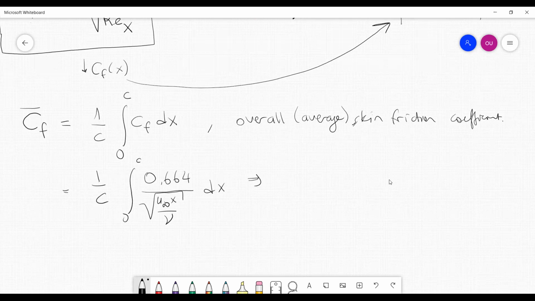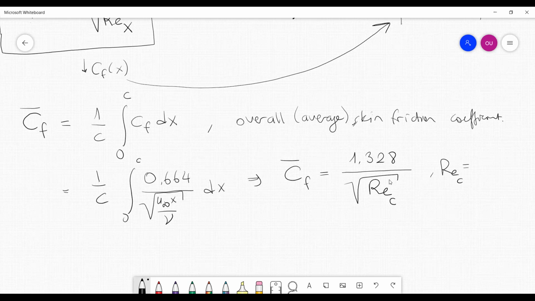When you do that, the expression that we get for the average skin friction coefficient for the whole flat plate will be equal to 1.328 divided by square root of the Reynolds number based on chord. So Reynolds number based on chord is simply U infinity times chord of the flat plate divided by the kinematic viscosity of the fluid. Okay, so this equation gives you a direct estimation of that.